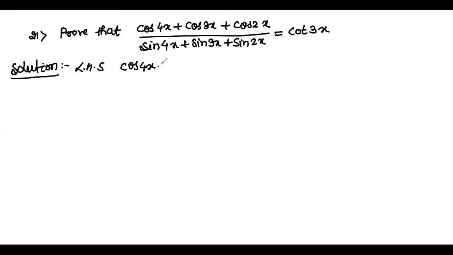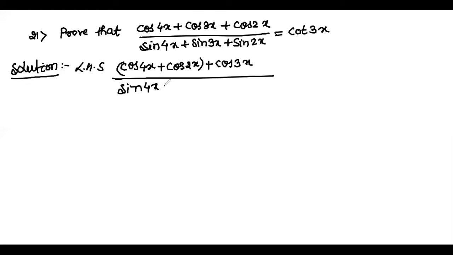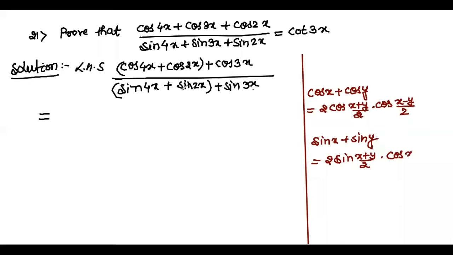So cos 4x plus cos 2x and then cos 3x, divided by sin 4x plus sin 2x plus sin 3x. Here we will apply the cos x plus cos y formula in the numerator, and the sin x plus sin y formula in the denominator. Cos x plus cos y is 2 cos((x plus y) by 2) into cos((x minus y) by 2.